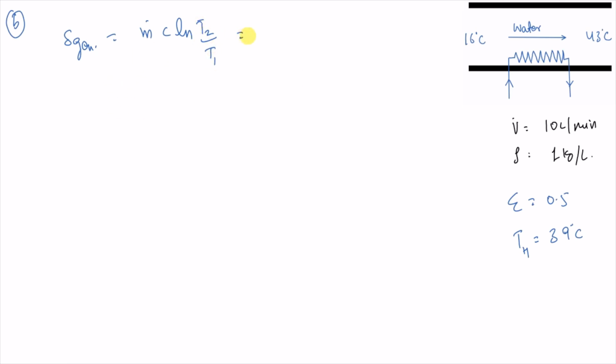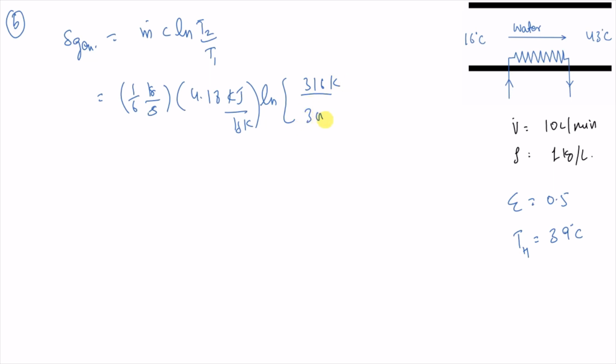So m dot we have, let me write here, 1 by 6 kg over second, times C we have 4.18 kilojoule over kg Kelvin, times natural log of T2, which is 43 degrees Celsius, that means 316 Kelvin, and T1 we have obtained as 300.5 Kelvin. So we'll get it as 0.0350 kilowatt over Kelvin.